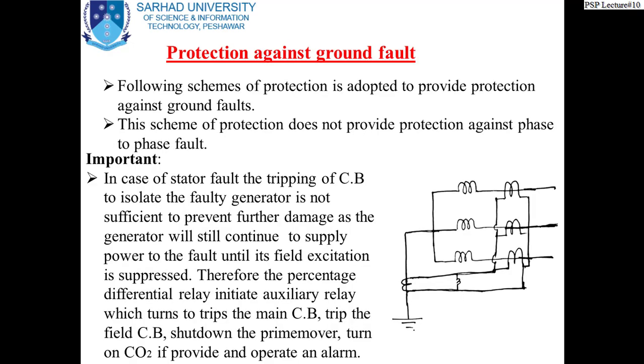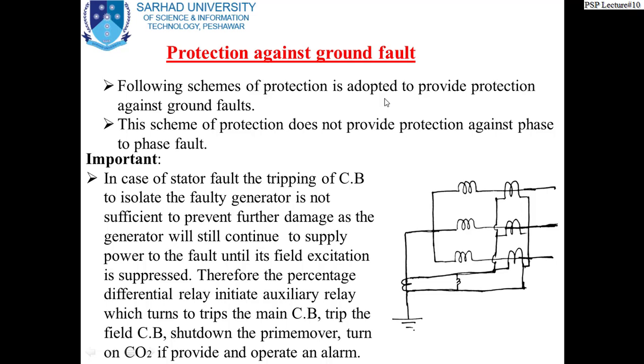Okay, now, gentlemen, this arrangement is for the protection against ground fault. We will discuss this point in the coming lecture, that this differential protection, which is basically provided for line to line fault, also provides protection against phase to ground fault, but not 100%.